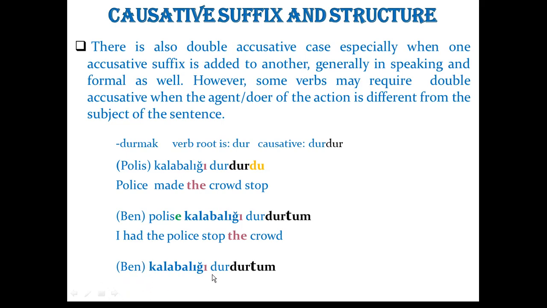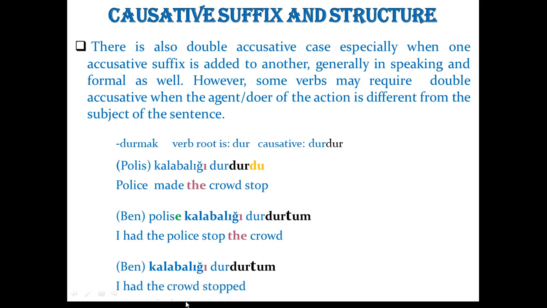Ben kalabalığı durdurttum. This is active causative structure, this sentence, but this is passive causative structure. So the dur this time is hidden. Again, I will use this form.